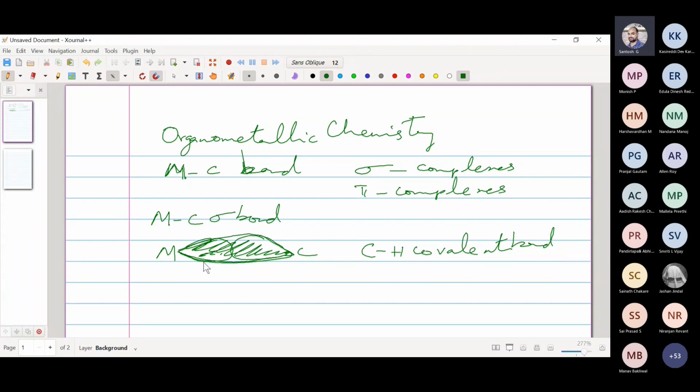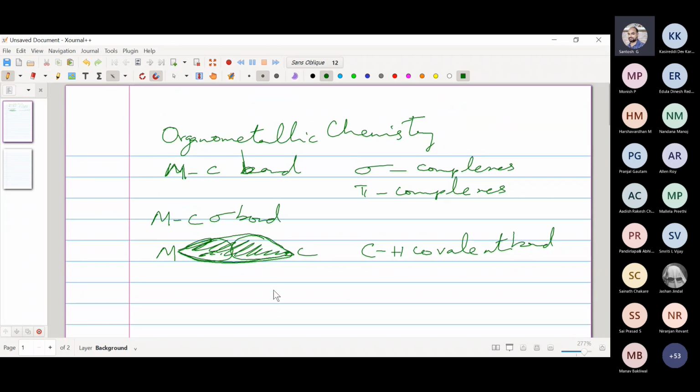It is actually a method to count the number of valence electrons in an organometallic complex, and usually it follows the rule called the 18 electron rule, and it's kind of similar to the octet rule that you had studied for atomic stability. So it's somewhat similar to that. I'm going to introduce that a little later.